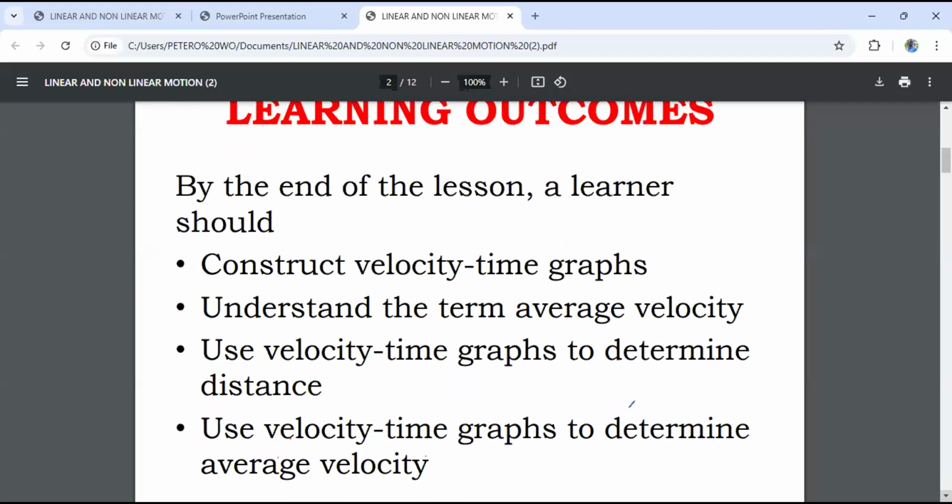You should be able to use velocity time graphs to determine distance, and also to determine the average velocity. Those are the outcomes that we should get out of this lesson when it ends.